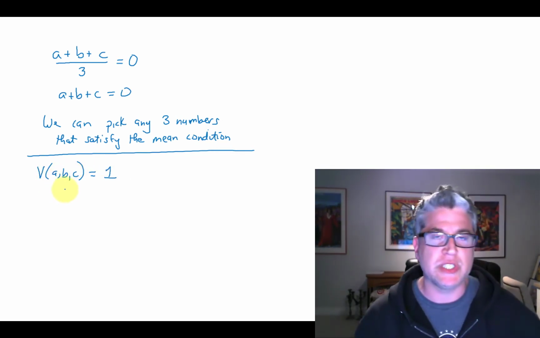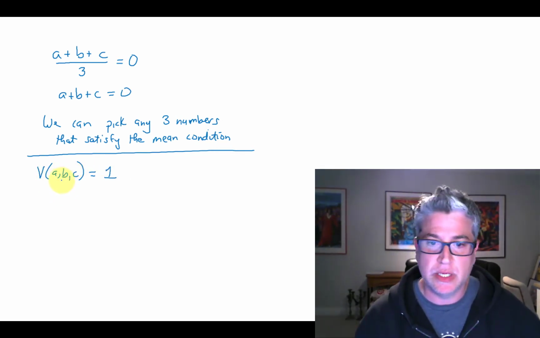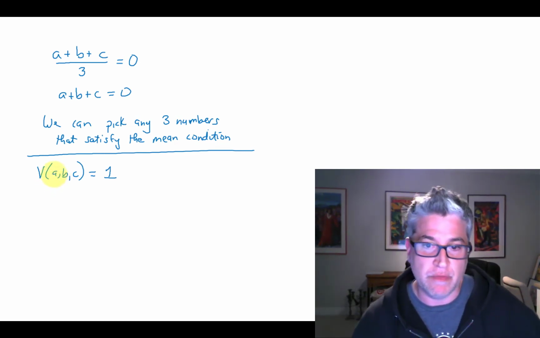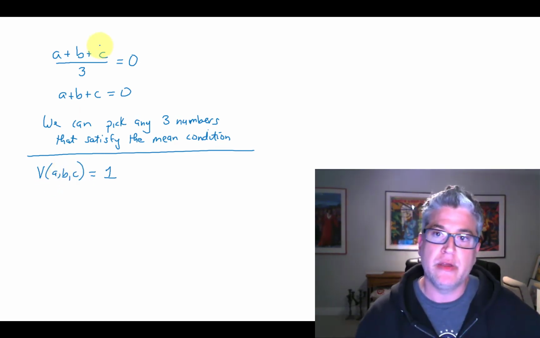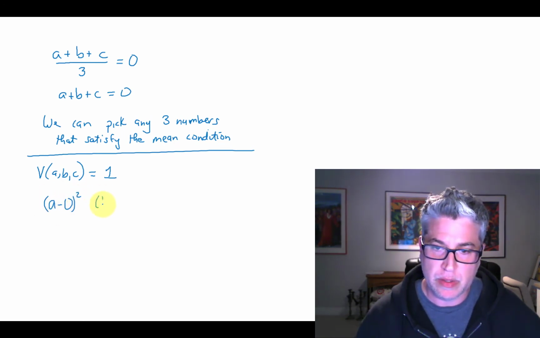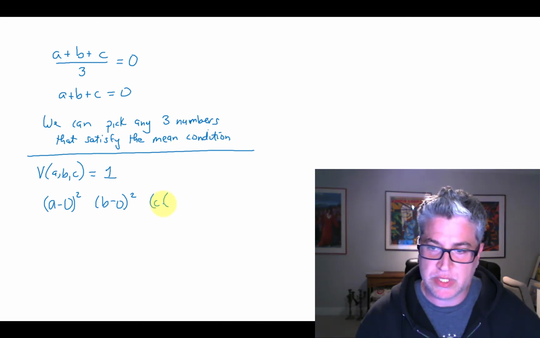First, let's just remind ourselves what the definition of variance is. It's the average squared distance of each point, A, B, and C, from the mean, from 0. So let's just write that out. That's A minus 0 squared, B minus 0 squared, C minus 0 squared.